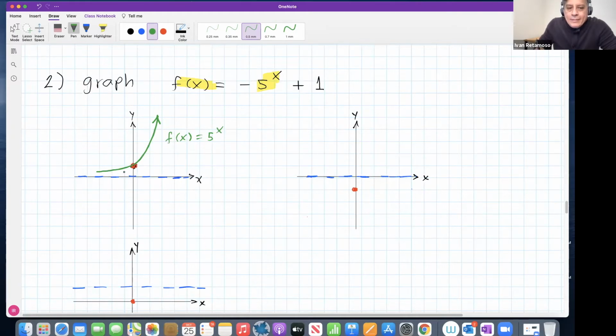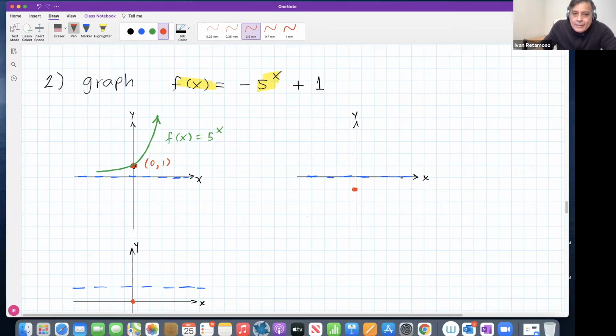Great. Now, this guy I know is 0,1 because 5 to the 0 is 1. We said it's a property of exponential functions: in basic form, they meet the y-axis at this point, 0,1. And then it will show a horizontal asymptote at y equals 0, which is this. Now, there is a minus sign here, so we're going to take care of that. This minus reflects this graph about the x-axis.